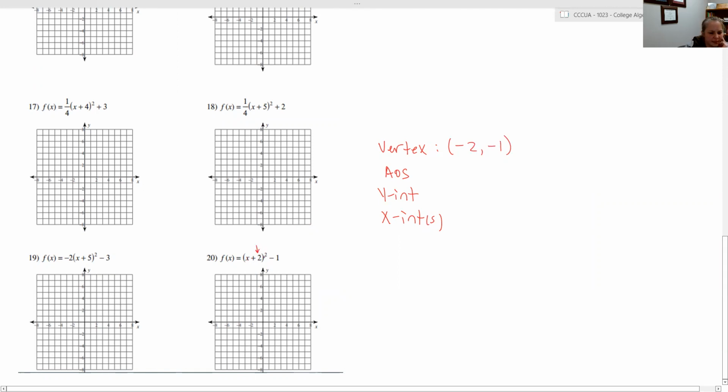I take the opposite sign of what's in there for the x, but I take the actual sign of what's in there for my y. When I plot that, that is (-2, -1). My axis of symmetry is the vertical line that goes through that vertex. So the axis of symmetry is x equals -2.